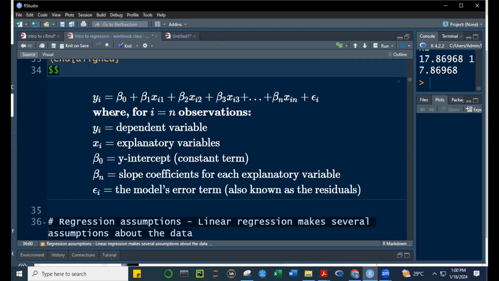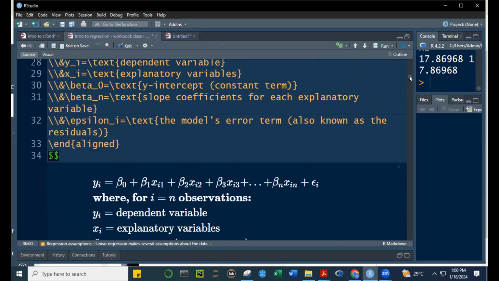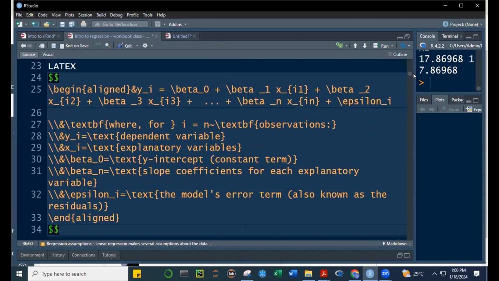Okay, so if I remove the residual here, then this is transformed into a y hat. Let me do that. Y sub i, and let me see, hat.